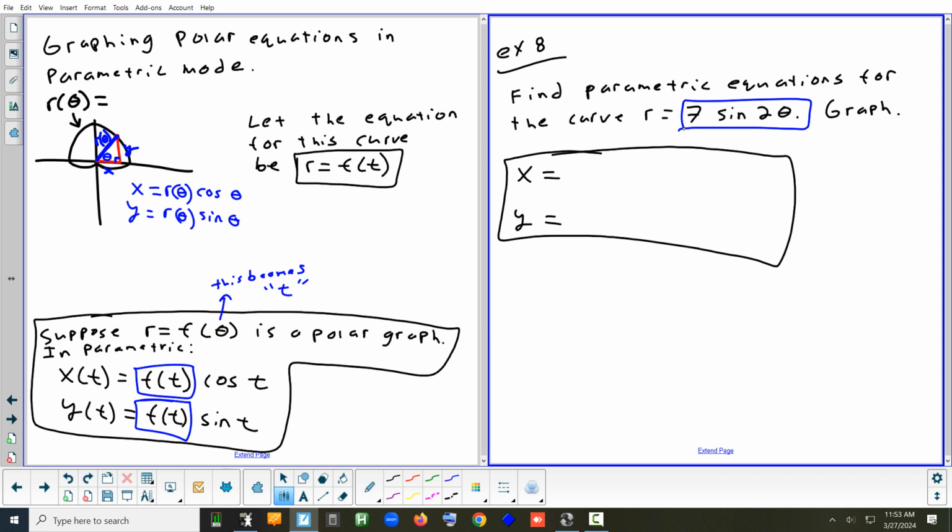Well, if you have the hypotenuse, you want to find out the x and y. How do you find the x when you know the hypotenuse? Would you use the new equation? Yeah. So that would be, to find x of t equals f of t times cosine t, so r equals function of theta, so we would do like 7 times t cosine t.